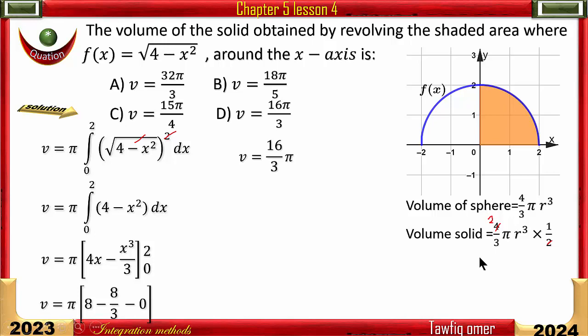And now it becomes 2 over 3 pi r cubed. As you see, the radius of the semicircle is 2, so it becomes 2 cubed. 2 cubed is 8. 8 times 2 is 16 over 3 pi. This is the same answer. That means D is the correct answer.